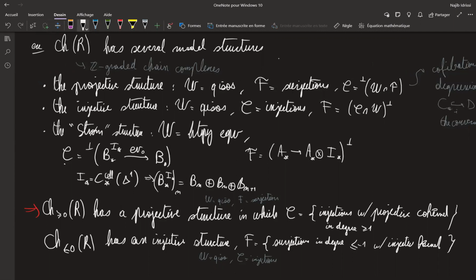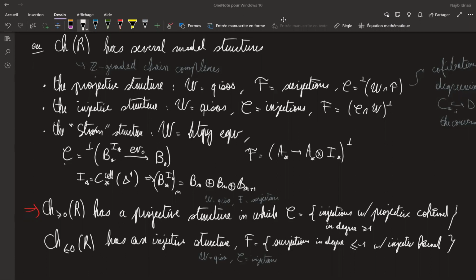So you can fit all you know about homological algebra in one of these two settings, basically. And they are not so different because they fit in this same setting. Right? But are they Quillen equivalent? I have to check.